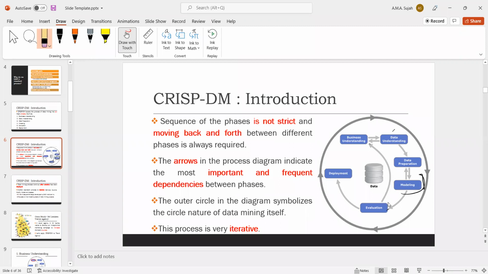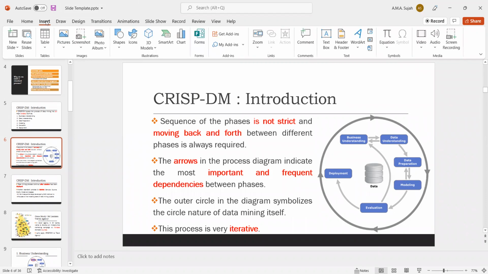The important thing is the arrow is very, very important. Whenever you apply this standard process, you must follow this order. It's not similar to the waterfall model. The first step is you must understand the business.